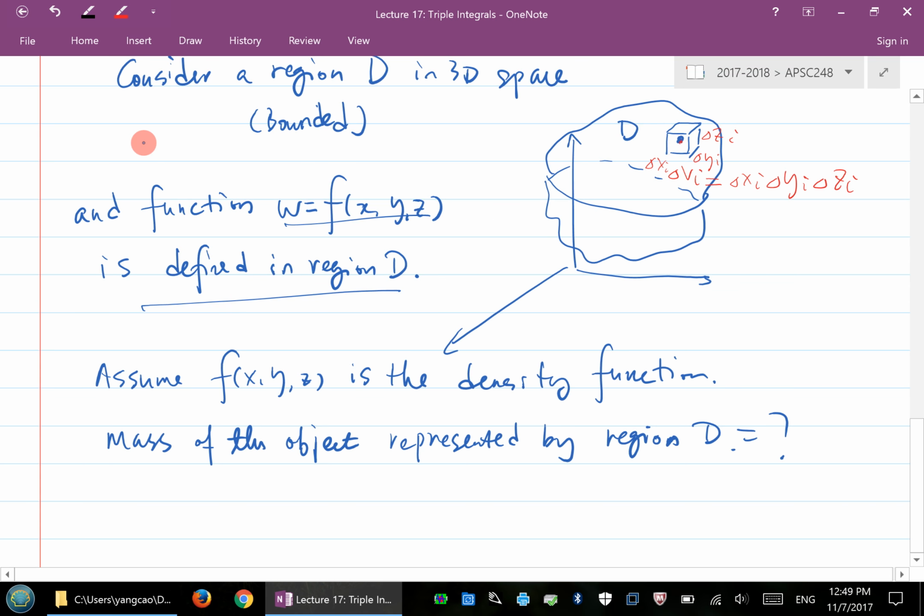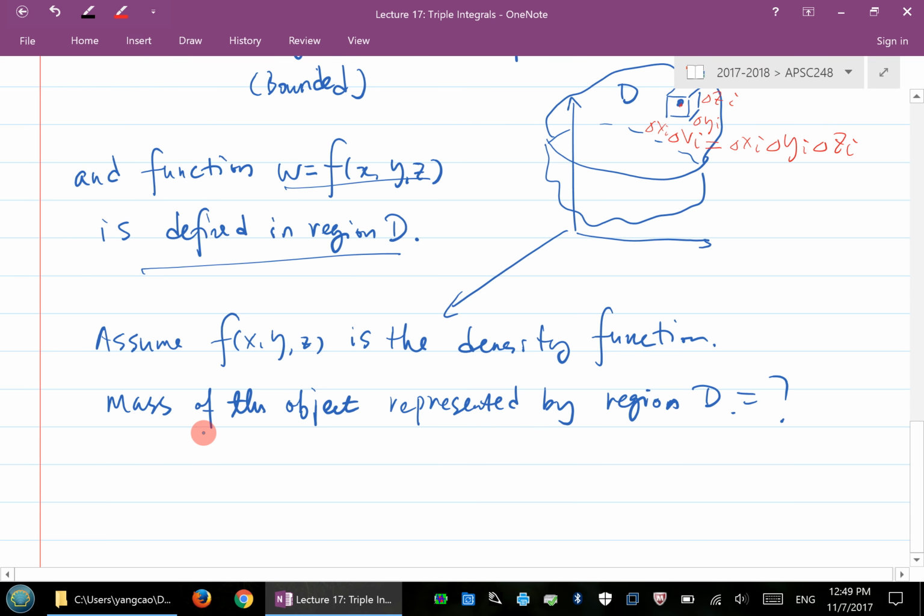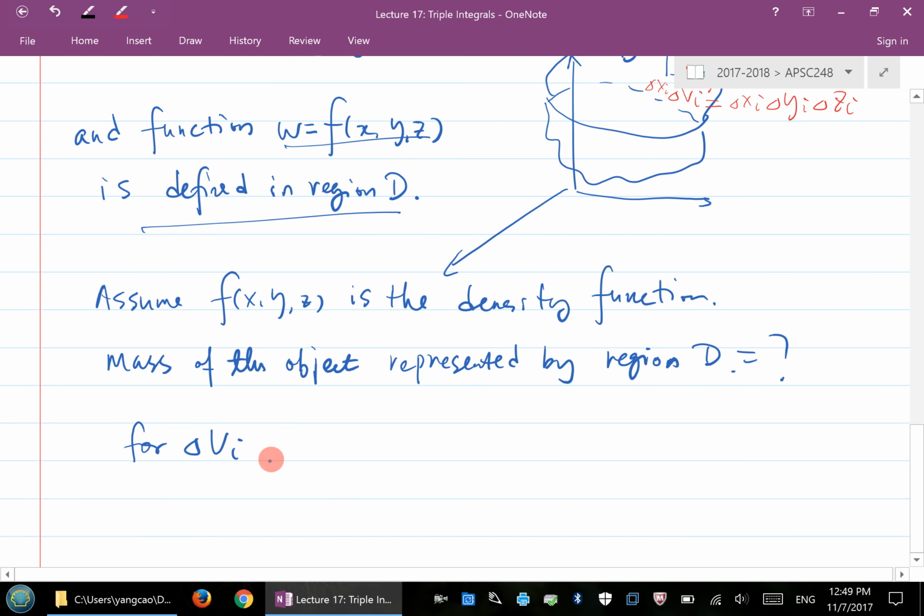All right. So I'm looking for the volume, looking for the mass here. For the single delta Vi, its mass is equal to the density at that location times the volume.